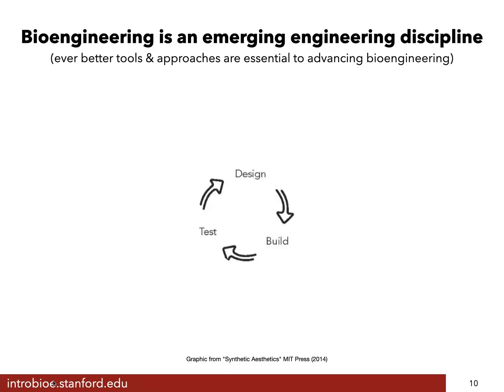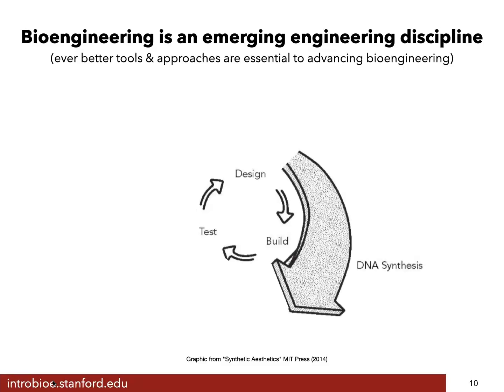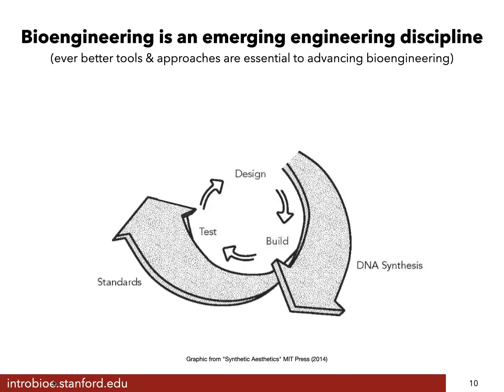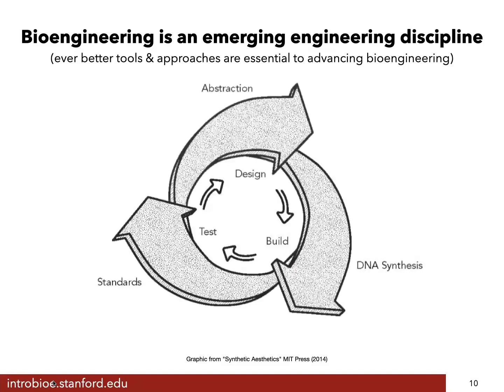All right. So, we've already talked about in this class a type of tool called DNA synthesis. Well, that's an improvement because it could allow you to accelerate the step from design to build, right? We've talked about the idea of testing and measurement and standards. We've talked about the idea of abstraction for managing complexity.